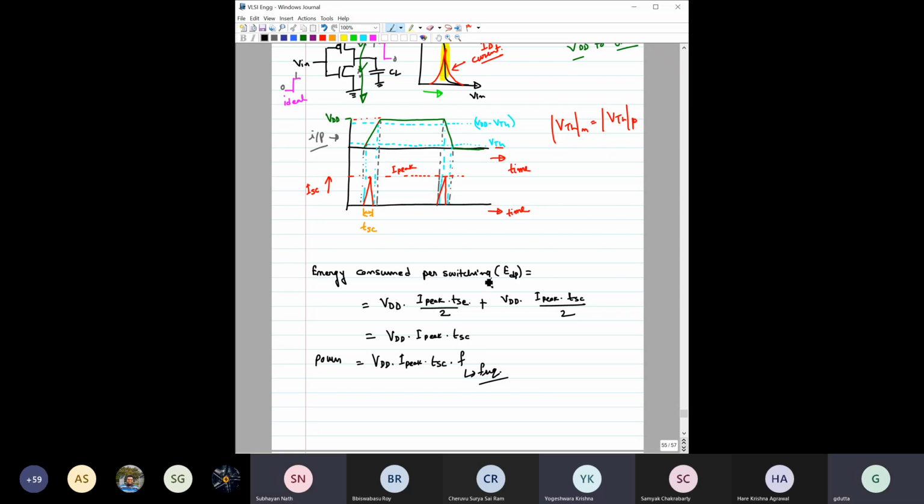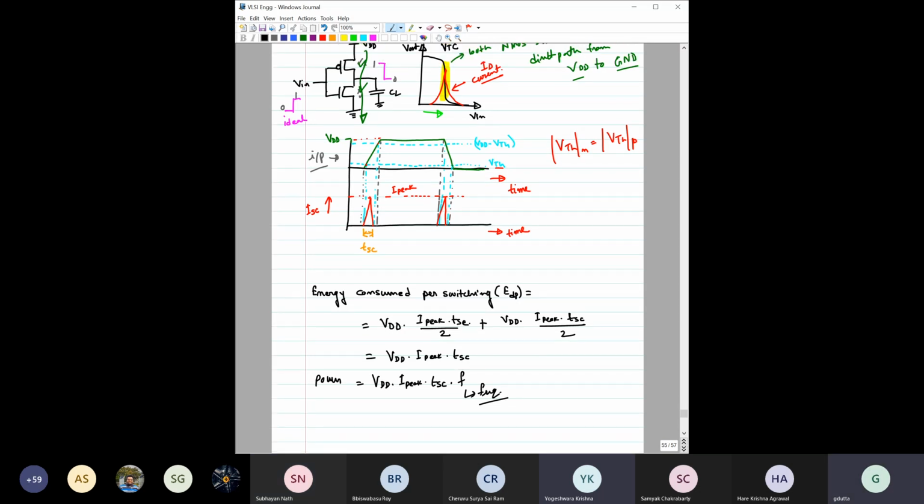What is the full form of the TSC? It is not time for switching. You can say it is the time when both the transistors were on. During this period only, both the transistors were on.